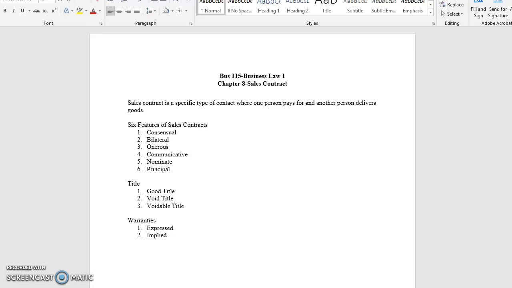I'd like for you to know 2 different types of warranties: express and implied. If you think about the words, that's basically what it means. An express warranty is an actual written or stated warranty. If this breaks within 30 days, you get your money back, that's an express warranty.